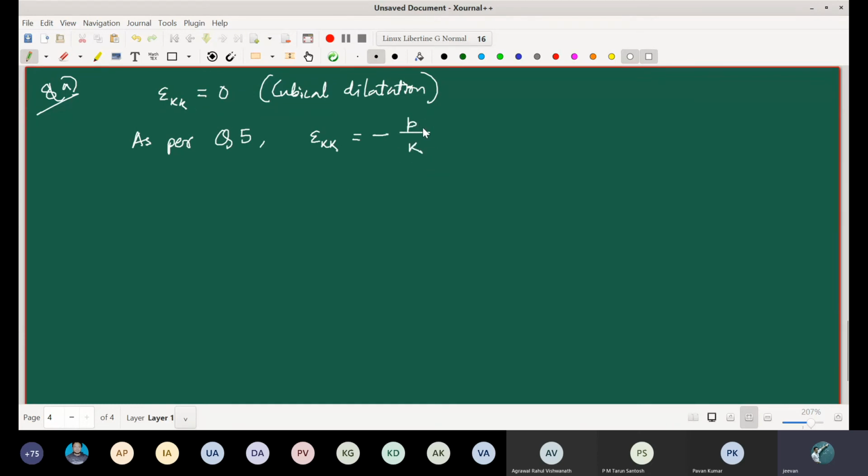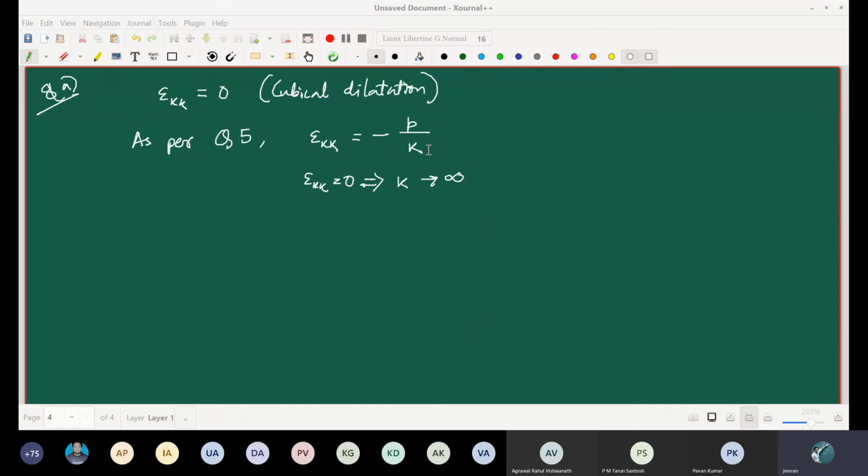This p has a finite magnitude. So if epsilon kk is 0, it basically implies that k should tend to infinity. That's the only way that is possible. Now, if you look at the expression of k, what is k? K is the bulk modulus.